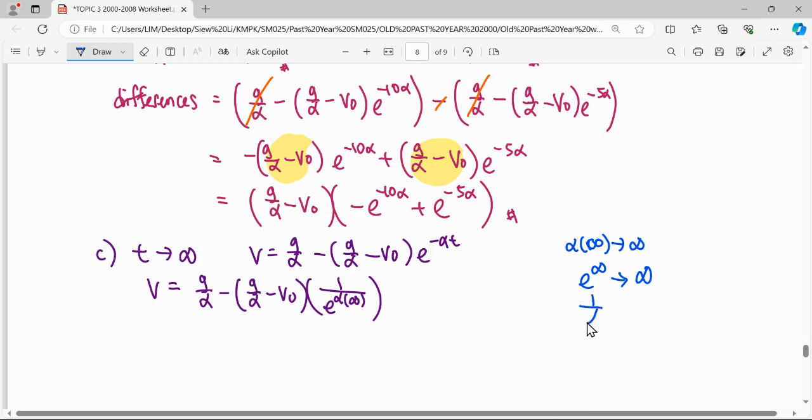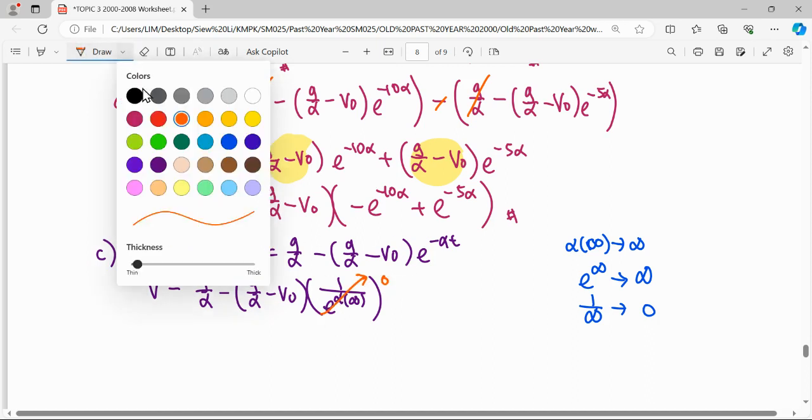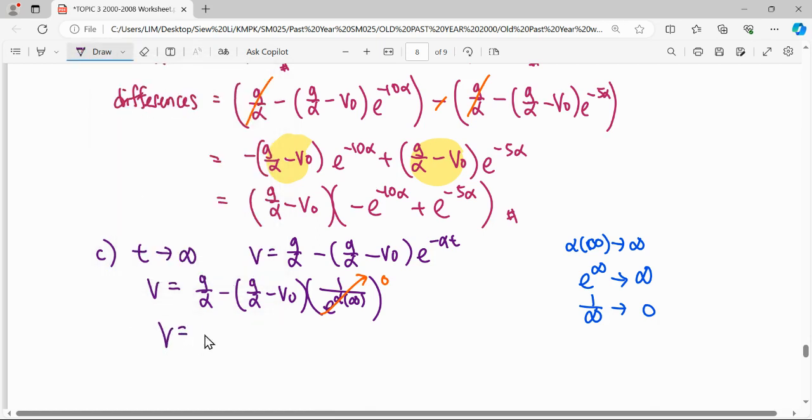Then 1 over a bigger number will tend to 0. So therefore, this term tends to 0. Lastly, the velocity remaining tends to g over alpha only, because 0 times anything here is 0. So lastly, your velocity will approximate to g over alpha.